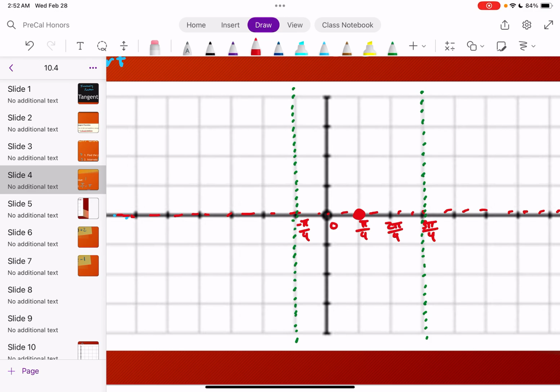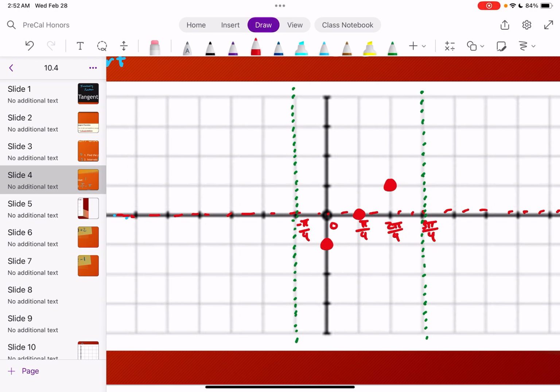So as we move to our next point, 2 pi over 4, we are going to move over to the right one. The A value will tell us how high up we will go. So our next point would be right 1, up 1. And we're going to do the complete opposite to the left of the pi over 4. So we're going to go left 1 and down 1. We're able to do this because the equation as a whole is positive.